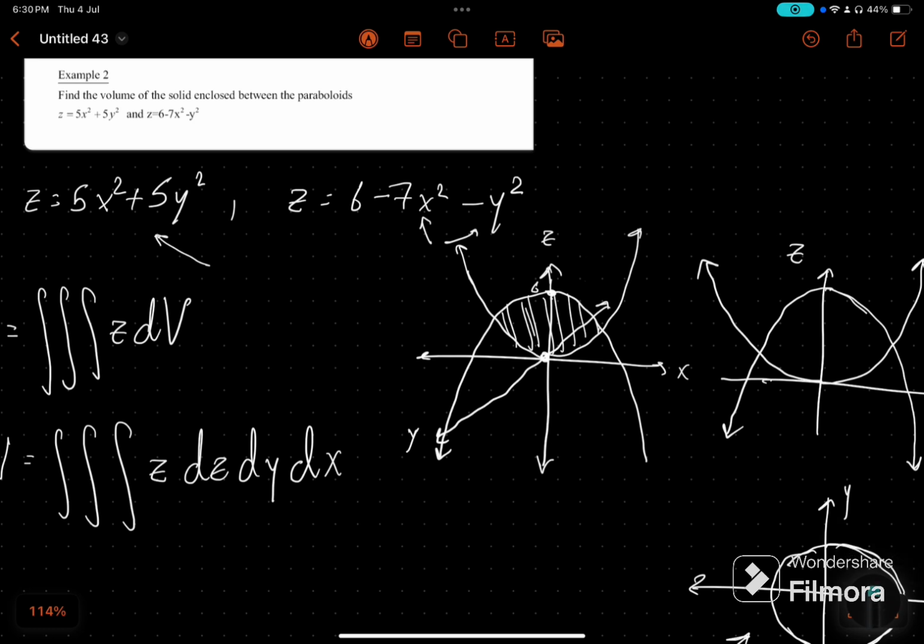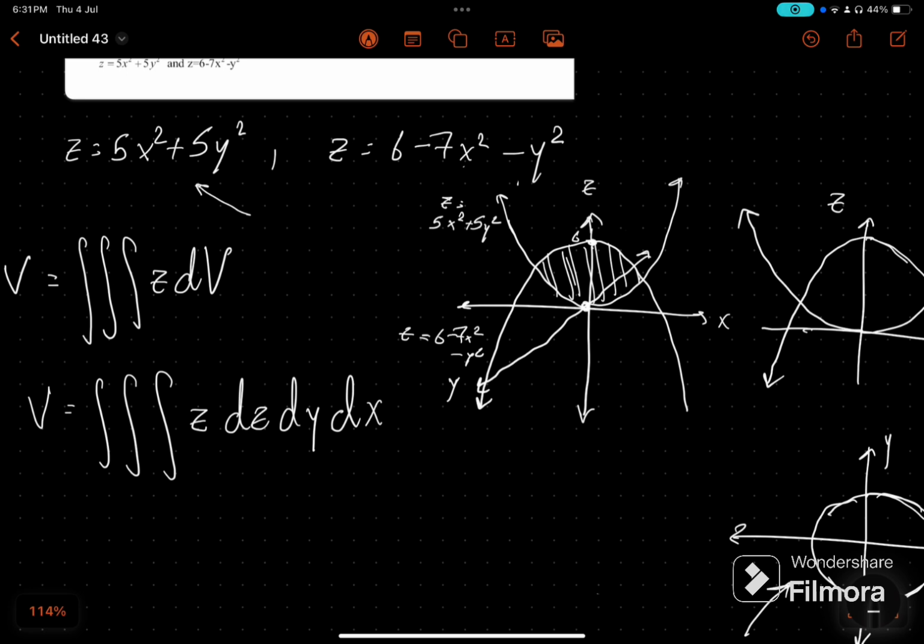Basically we see that the surface at the bottom is z equal to 5x squared plus 5y squared, and the surface at the top is z equal to 6 minus 7x squared minus y squared. So here we're going to have 5x squared plus 5y squared, and here we're going to have 6 minus 7x squared minus y squared.